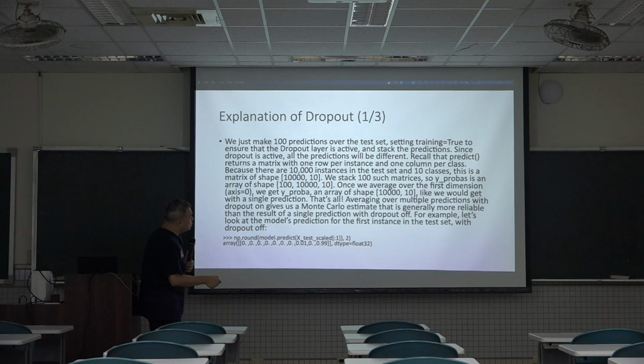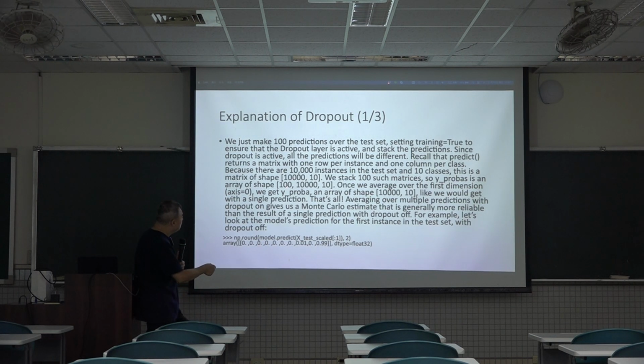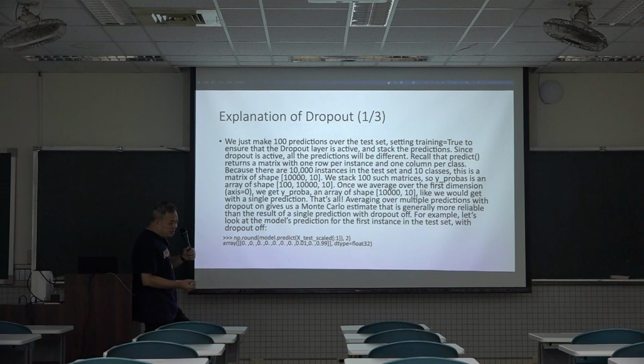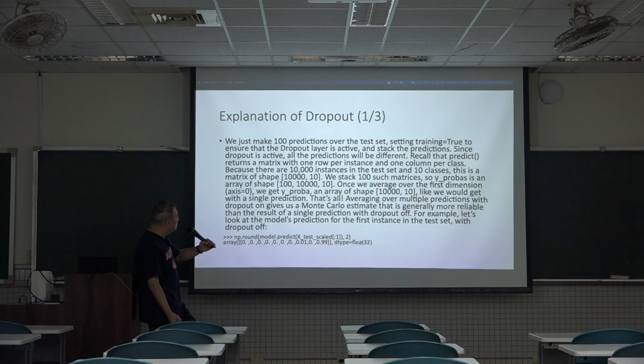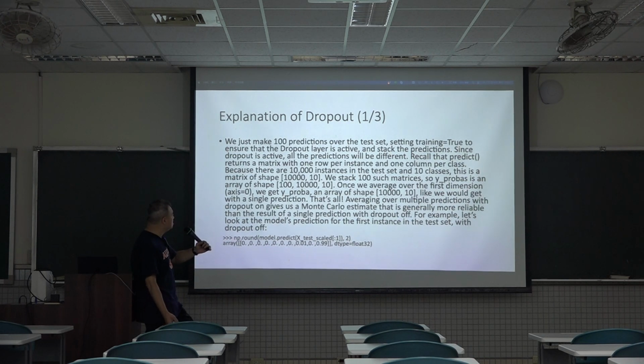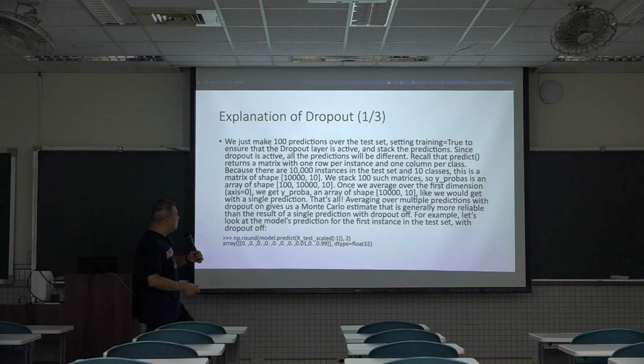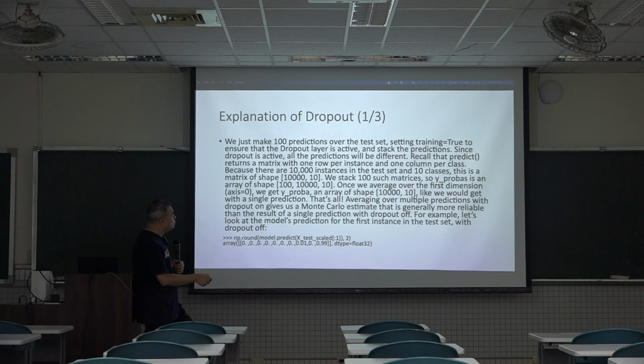Then we take the average over the first dimension, axis equals 0, because this is dimension 0, dimension 1, dimension 2. So we basically get the average of these 100 inferences, and we get a shape of 10,000 by 10.